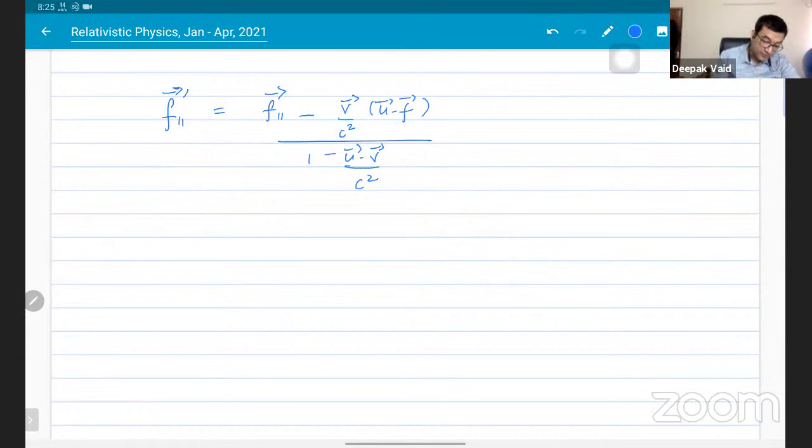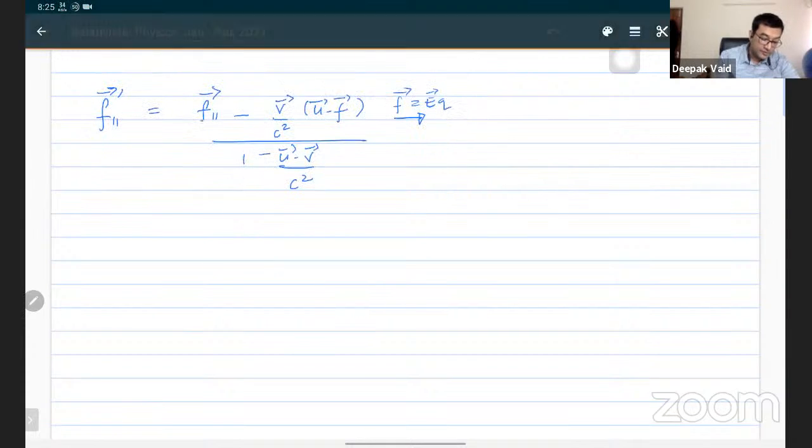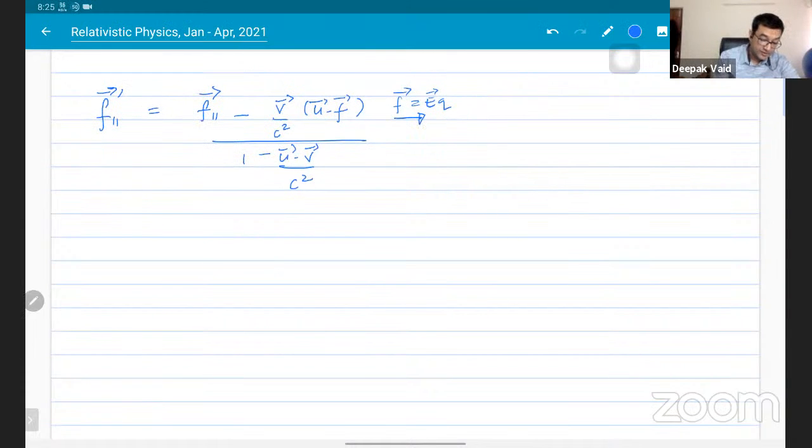Right. So I just substitute these expressions. F is equal to EQ in here. What do I get?